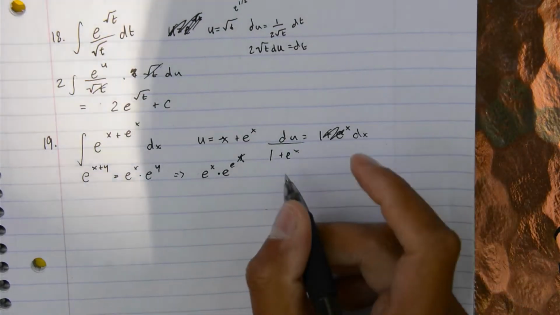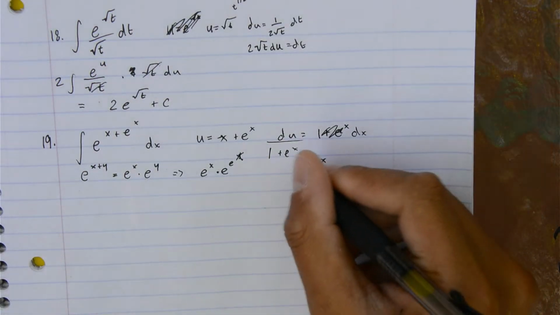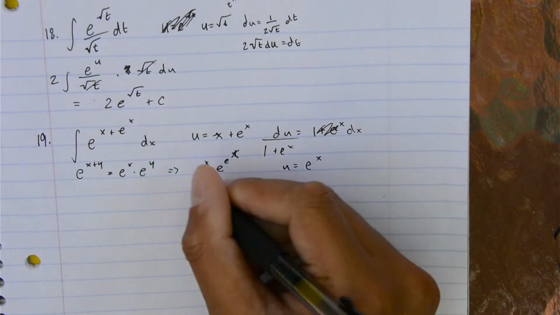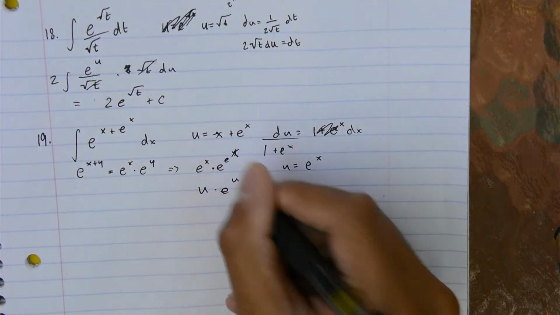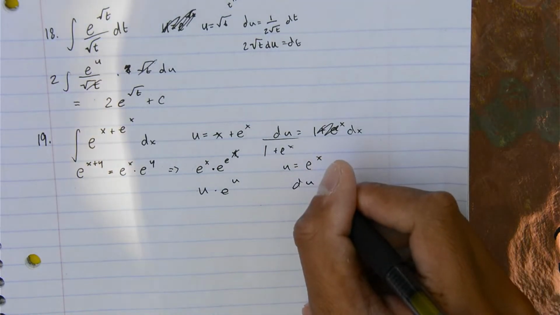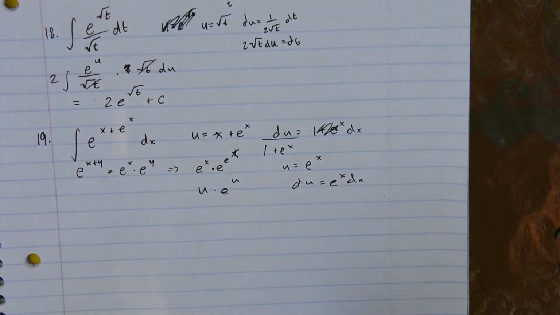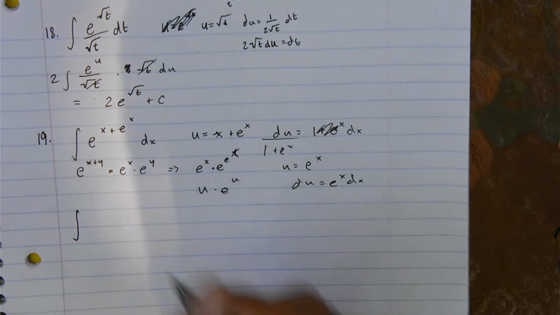All right. So if we sub u equal to e to the x, then we're going to get u times e to the u. And du is just equal to e to the x dx. Oh, this is going to work out really well. Okay, so wait, hold on.